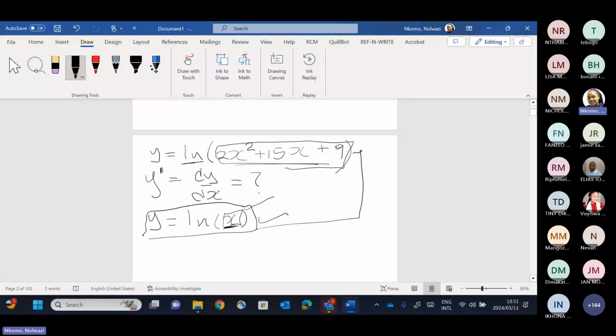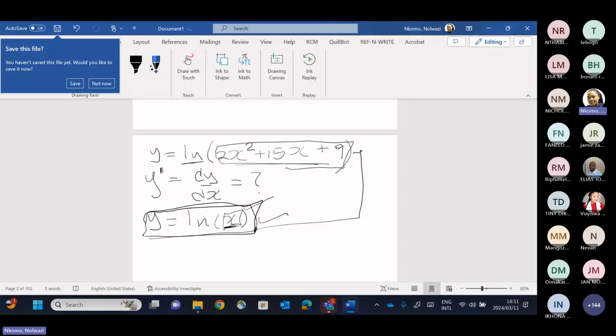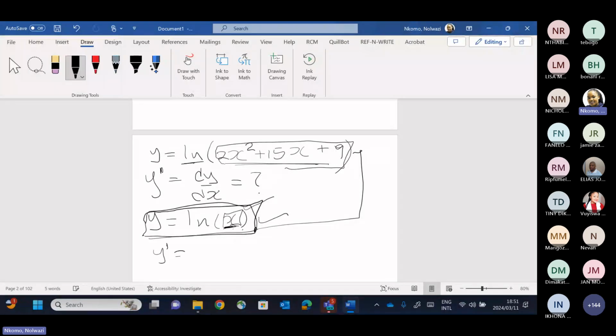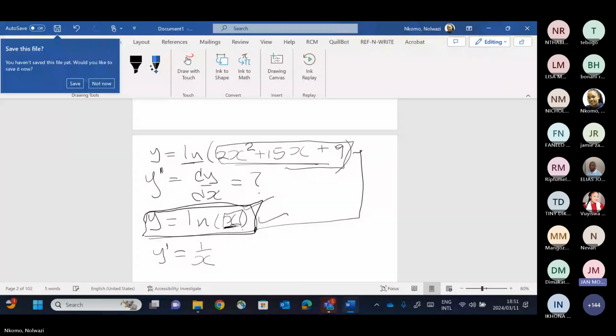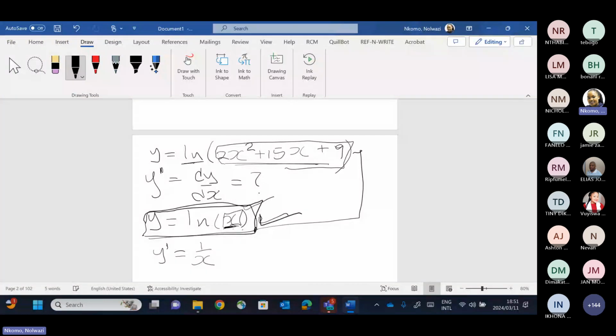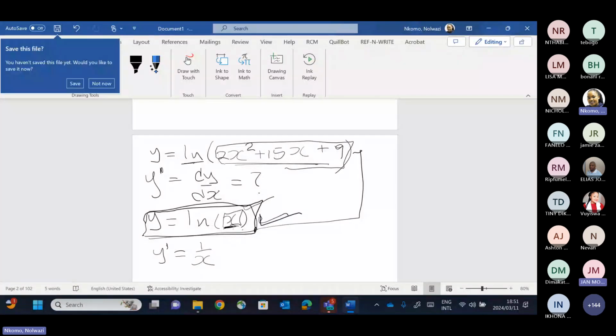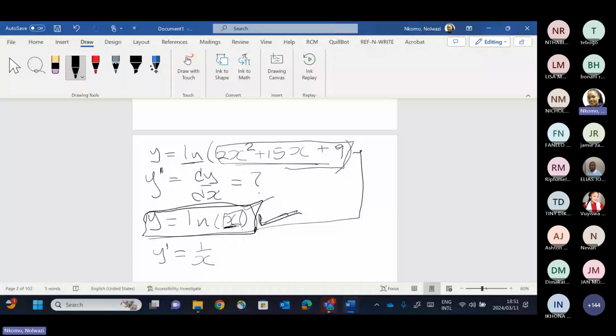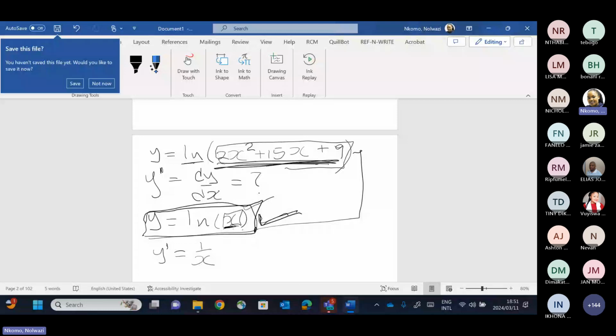We know how to differentiate this, because we said the derivative y prime will be 1 over x, right? For us to use this rule, please mute your mic. For us to use this rule, we need to write this as one variable, just one variable. And I'm going to name that variable u, which is the inner function.